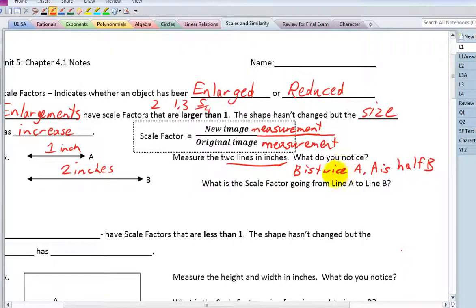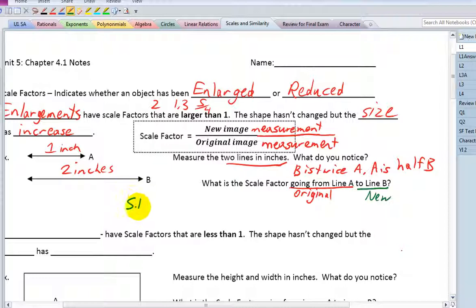Okay? Now what we're going to say is we're going from line A. That means it is the original. You have to read the sentence carefully. To line B means it is the new image.